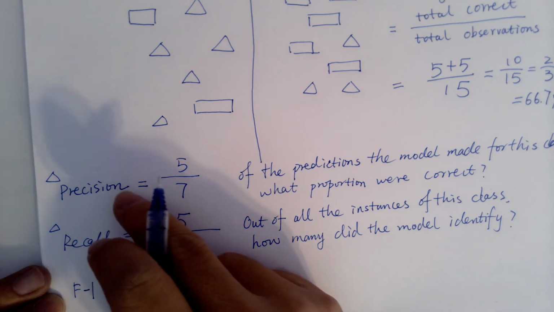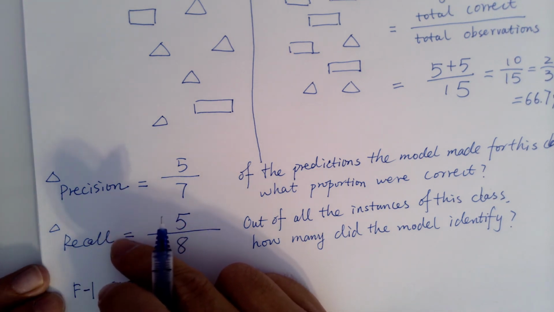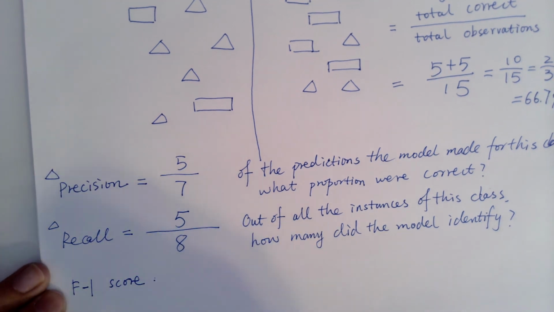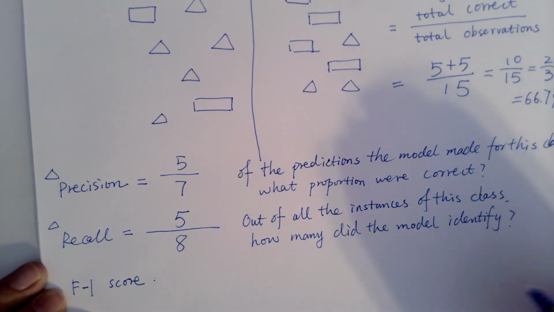The arithmetic mean of the precision and the recall would be this one plus this one, over 2. But the harmonic mean is the reciprocal of the arithmetic mean of the reciprocals of the given set of observations.